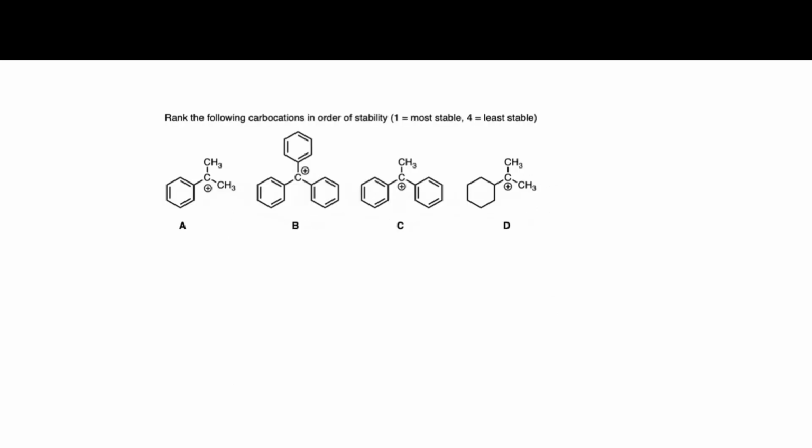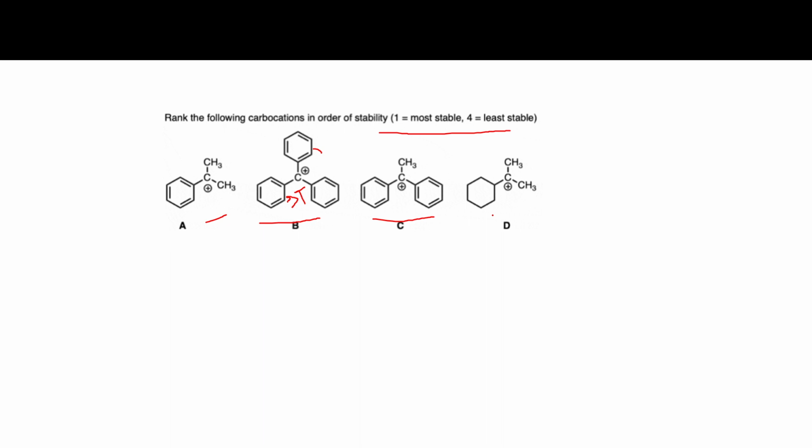Now the question is, between these, which one is more stable? In this one, three benzyl groups are attached to the carbon atom, so the resonance stabilization is more. It will be more stable than the one with two benzene groups, then this one.